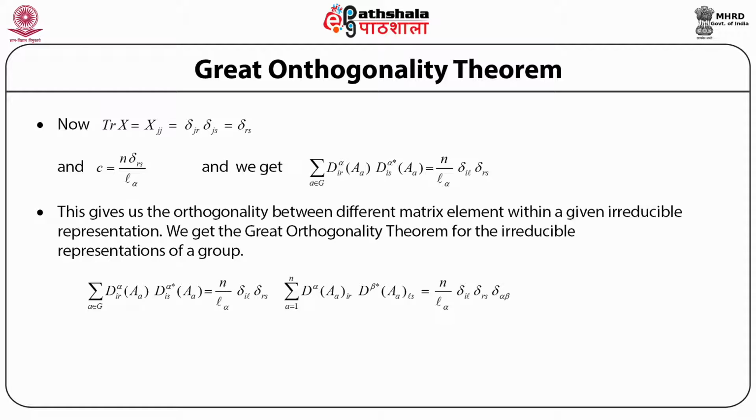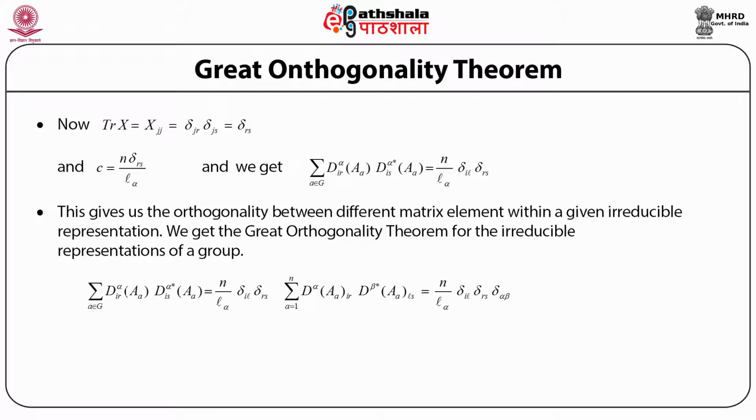We then finally get the great orthogonality theorem for the irreducible representation of the group, namely the matrix elements of irreducible representation of dimension l_alpha of the group of order n satisfy the following orthogonality relation: the summation over all the elements of the group of D^alpha_ir(A) multiplied by D^alpha*_is(A) is n by l_alpha delta_il delta_rs.